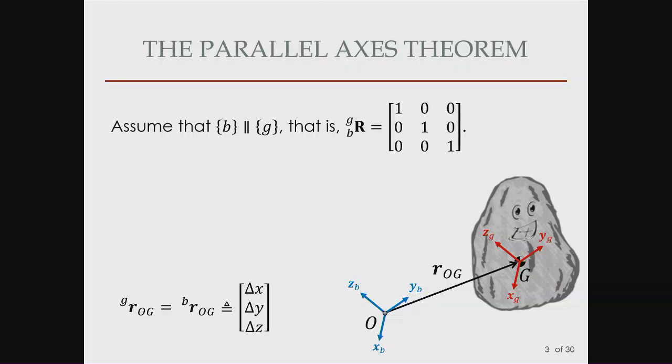What do we have here? This vector, r_OG, and its components. If I present them either along the blue or the red frame, they will be the same because it's the same orientation.